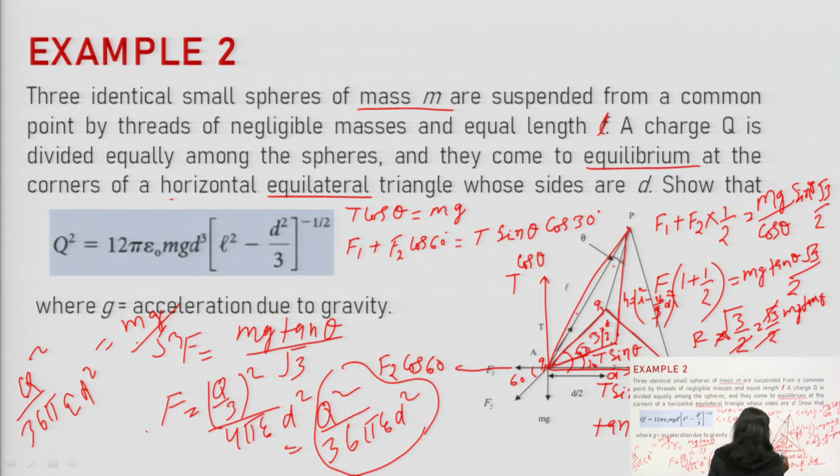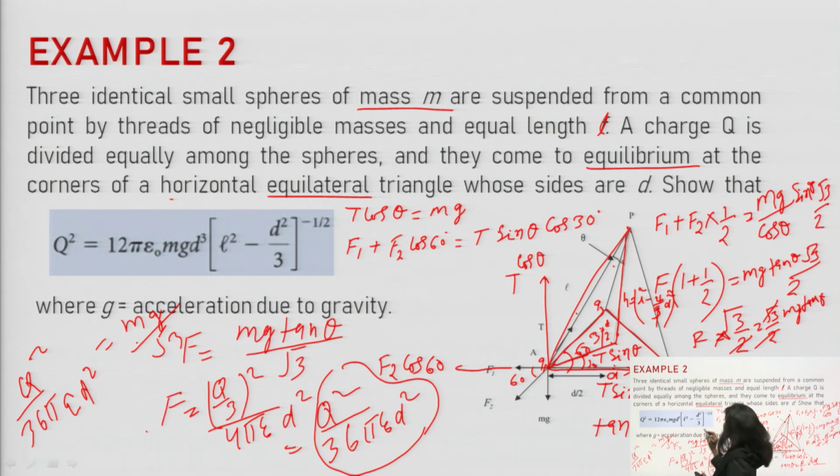Here we have seen which forces are acting on which, and made it an equilibrium condition. Now if we evaluate this tan theta value, after manipulating we can finally get the value of this.